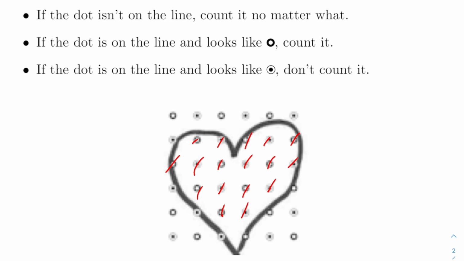So I will count this one. I will not count these ones here. I do count this one, this one, this one. And that's about it. All right, so this one, count it because it's on the line and it has that shape to it. Whereas this one here is also on the line, but it's the other kind. Don't count it.